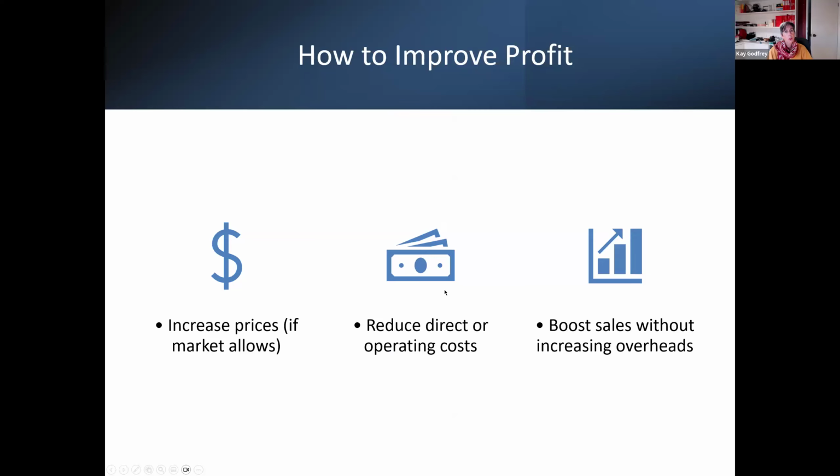So how can you improve your profit? How can you improve the amount of money that you're making, basically? You could increase your prices. Now, that's if the market allows. Often people don't want to pay more money. You could reduce your direct costs or your operating costs.